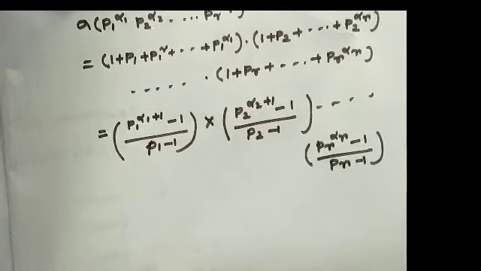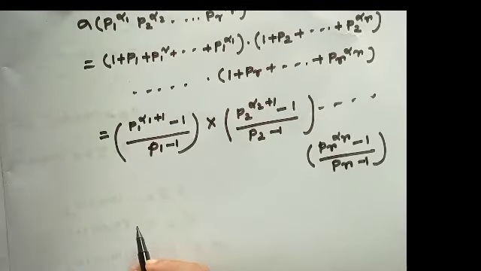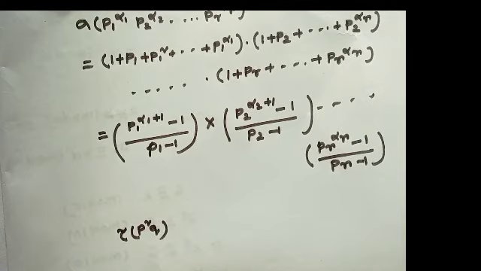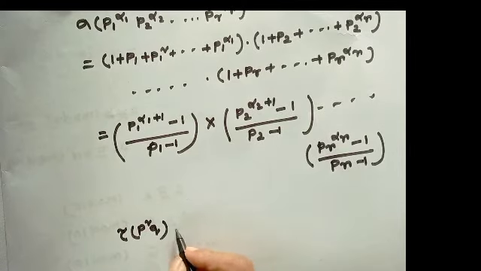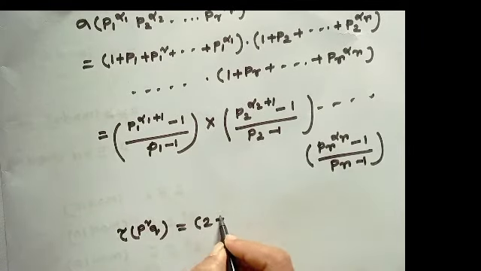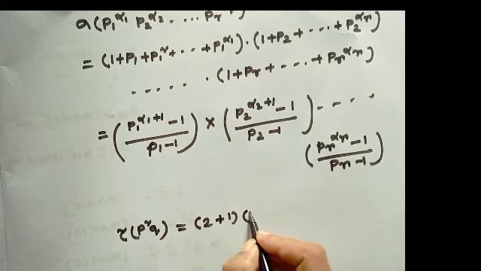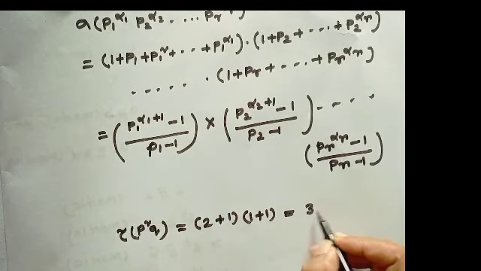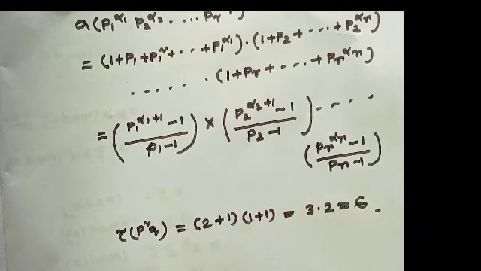Let's see one example also. What will be the number of divisors of a number that looks like p square q? The number of divisors will be 2 plus 1 times 1 plus 1, equal to 3 times 2, which is 6.